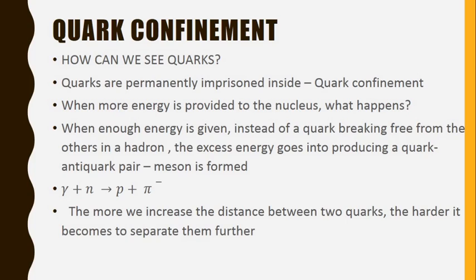That means whenever we provide more energy to increase the distance, the force between them increases. So we cannot separate the quarks anymore. We can see that these quarks are permanently imprisoned inside, which is known as quark confinement.